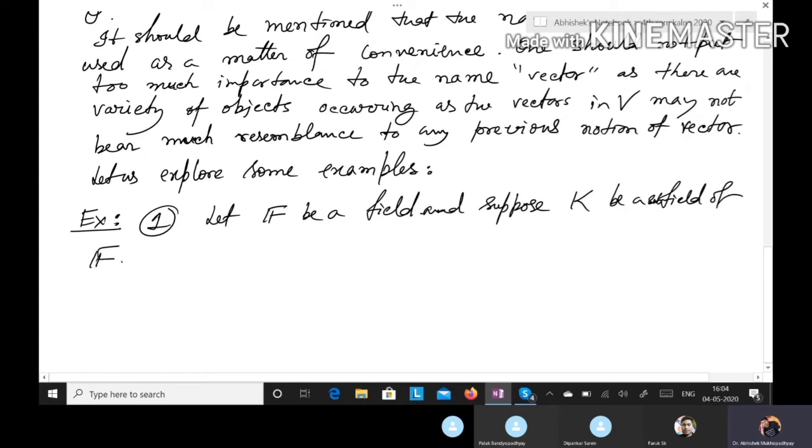Then obviously K plus, this subfield with respect to that addition induced on K from that of the field, is an abelian group.